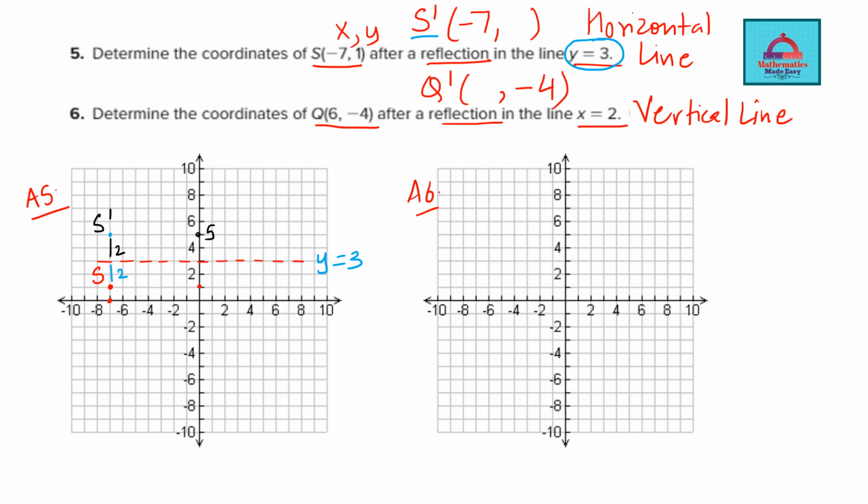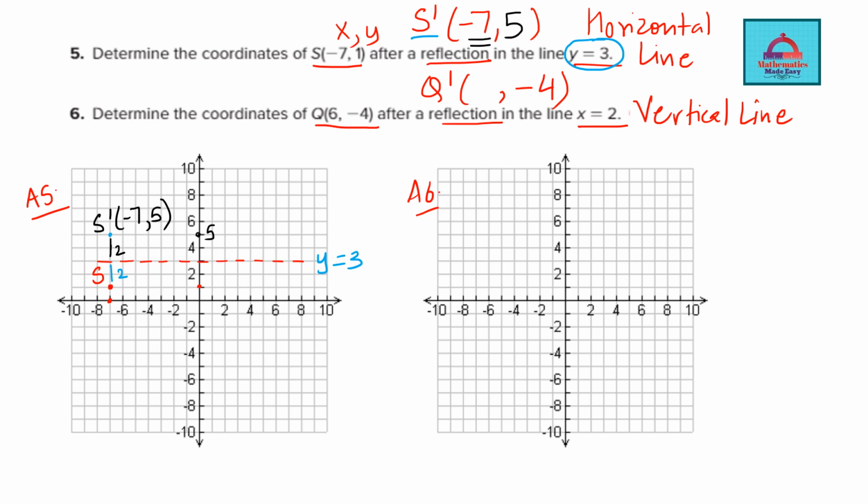It is 5. So you already saw that the x coordinate is going to be the same, -7, and the y coordinate will this time be 5 because this point 5 is at 2 units from the mirror. So the new point, the correct answer, is -7 comma 5.